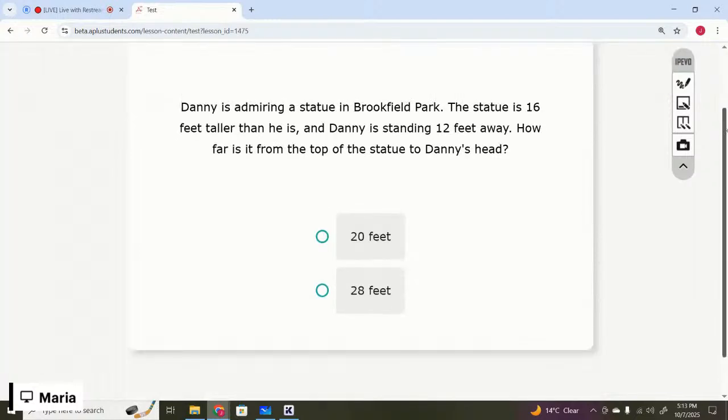Danny is admiring a statue in Brookfield Park. The statue is 16 feet taller than he is, and Danny is standing 12 feet away. How far is it from the top of the statue to Danny's head?